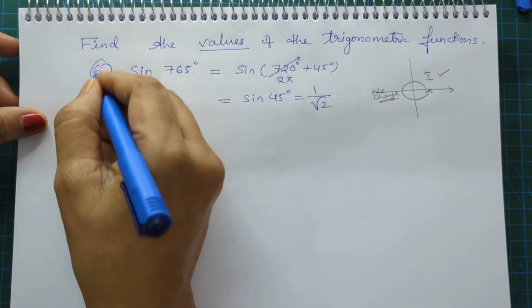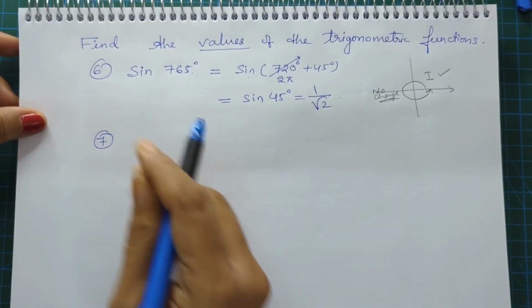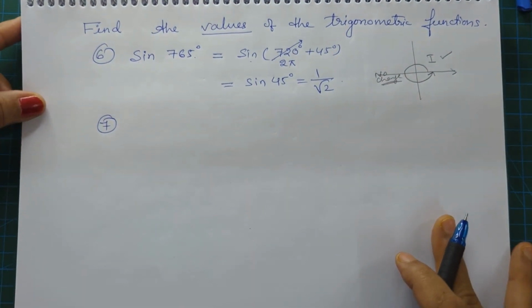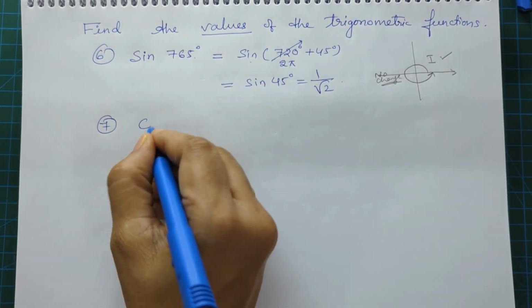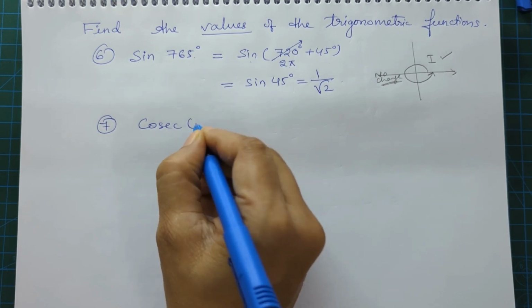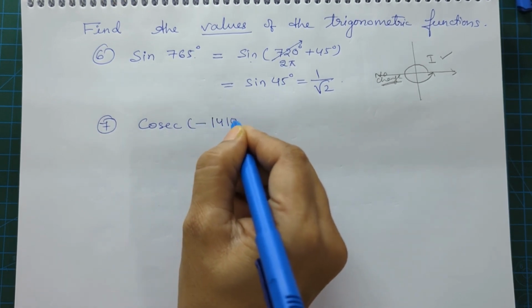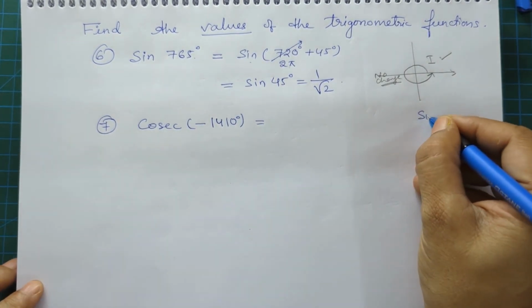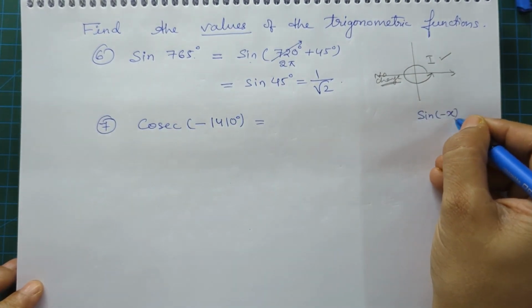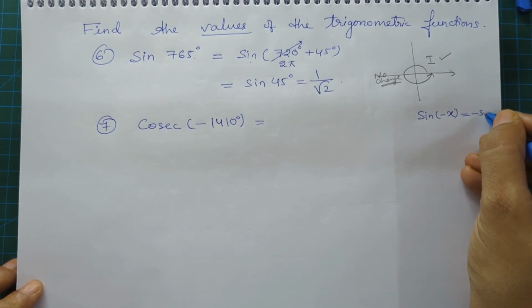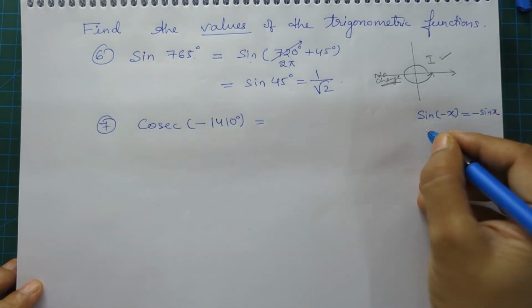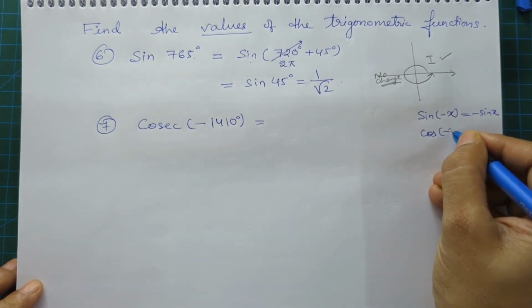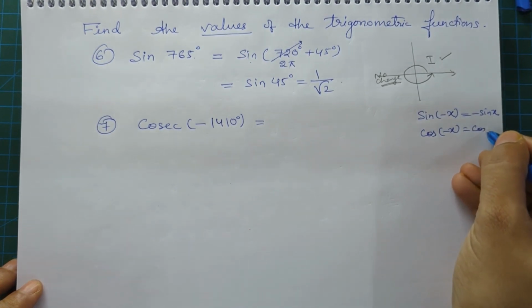Now the second one, the 7th question in the exercise. We are supposed to find the cosecant of negative 1410 degrees. So remember that sine of a negative angle is negative of sine of that angle, and cos of a negative angle is positive of cos of the angle.